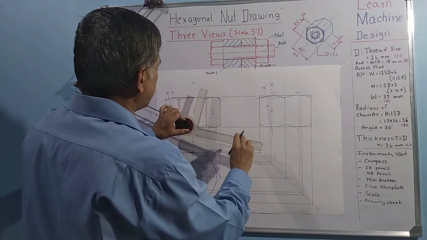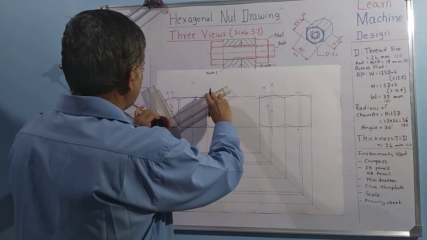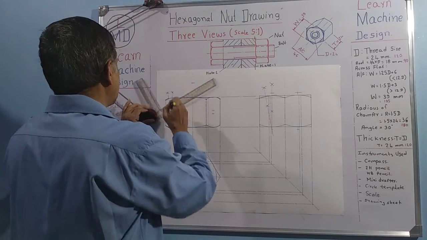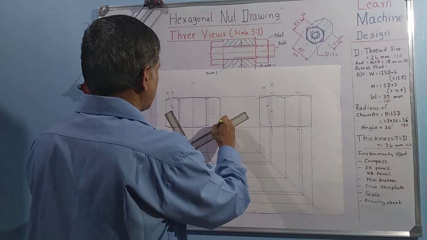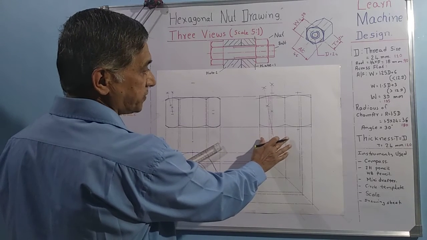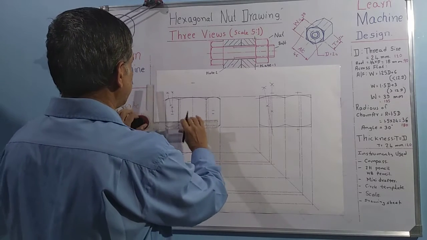And again you turn this side, again 30-degree, draw it. This side also. But no chamfer required here. Chamfer will not appear in this side view. Only this view the chamfer will appear. We have to draw it.